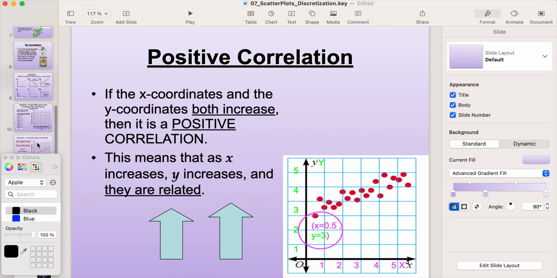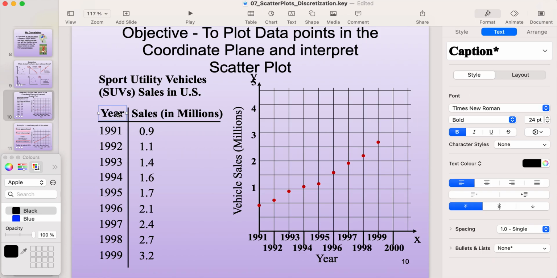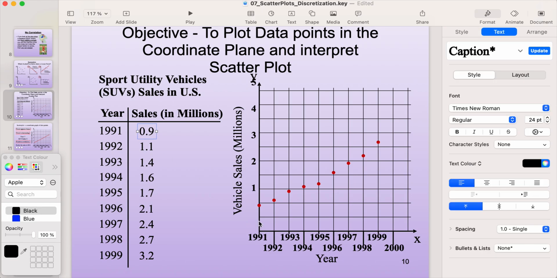We're gonna do the same thing in order to build a scatter plot from this data right here. We have two attributes, the year and the sales. For the first point, the year is 1991 and the sales is 0.9.